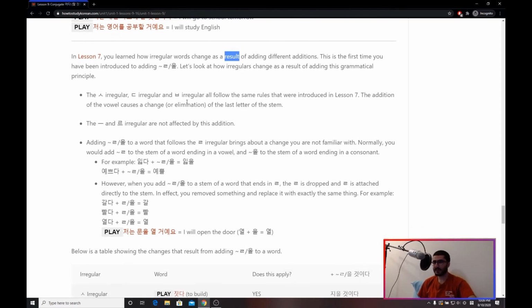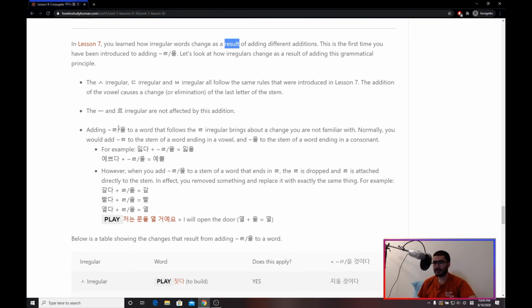Now let's look at some irregulars. The 시읏 irregular, 디귿 irregular, and 비읍 irregular follow the same exact rule as in lesson 7. The addition of a vowel causes a change or elimination of the last letter. The 르 irregulars are not affected by this addition. So adding 리을/을 to the word that follows the 리을 irregular brings about a change that we're not familiar with yet.